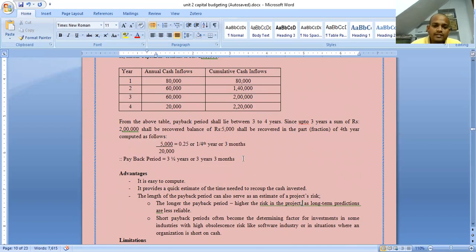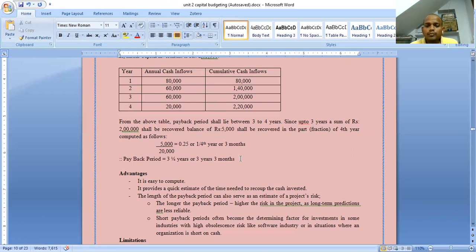For example, if there are two projects, in the first project the payback period is less, within 2 years we get our investment back. But in the second project, it takes 4 years to get our investment back. So the longer the period, the higher the risk.